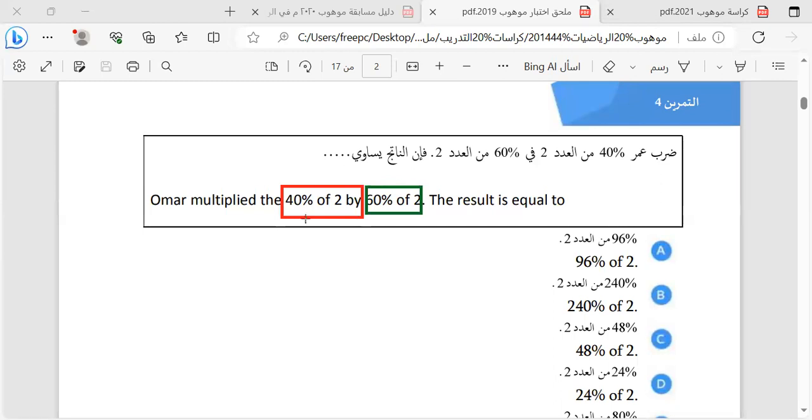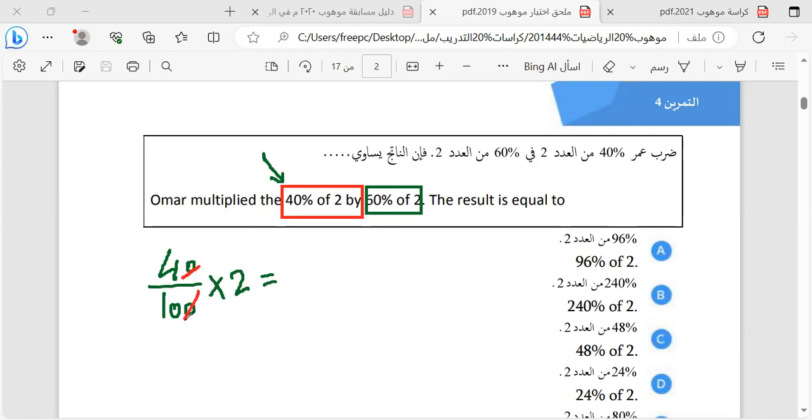Look here. The box in red, this is the first step. 40%, that means 40 over 100, times 2. Can I simplify now?